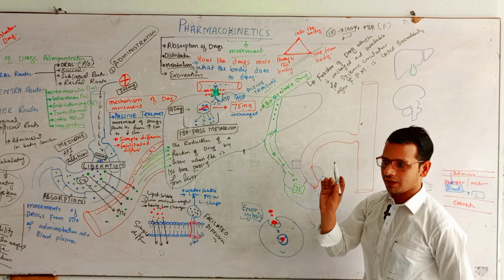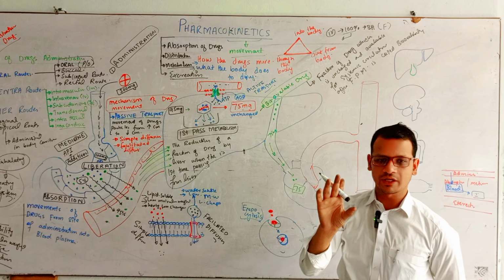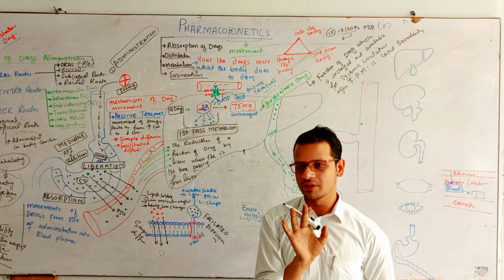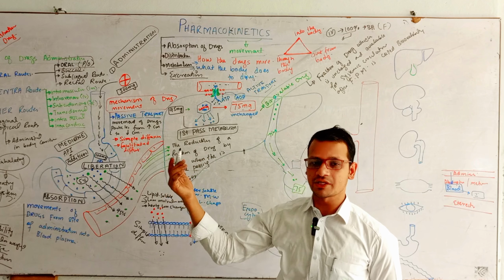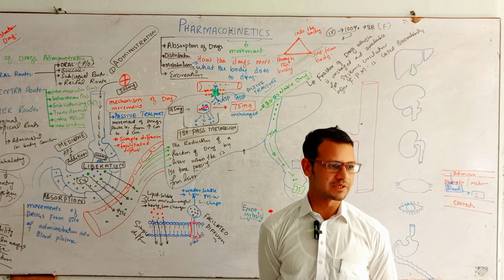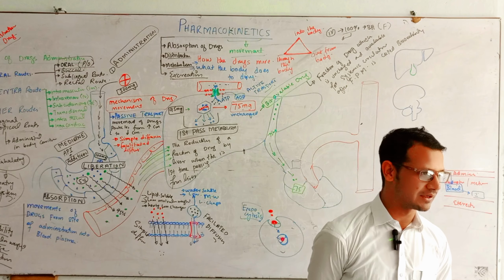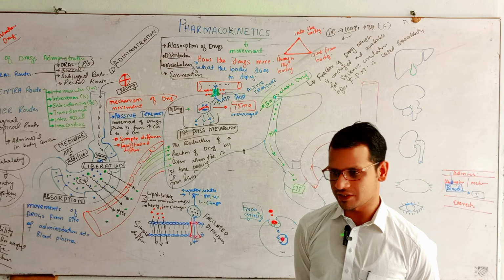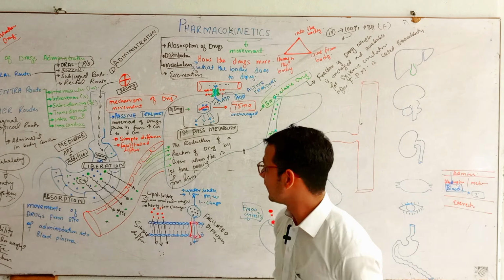Except IV, all the routes have less than 100% bioavailability. The oral route has approximately 75% bioavailability, but it can vary: 50%, 60, 65, 75, 80. It depends upon the drug.